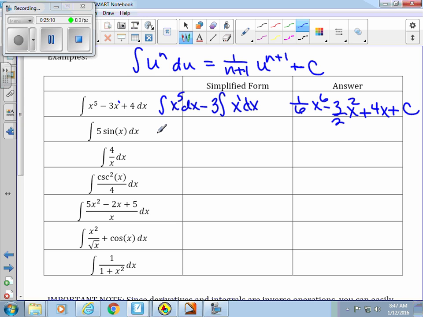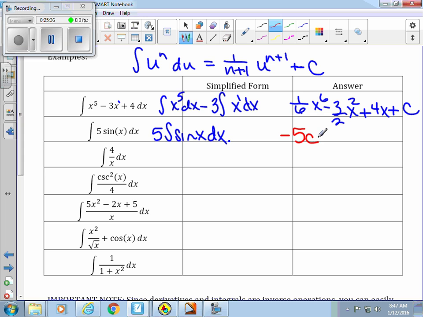The simplified form of 5 sine of x is just, move the constant out. Again, eventually you won't do that. Your brain will just take care of the constant like it does with differentiation. But for now, we'll move it. What function's derivative is sine of x? Negative cosine.